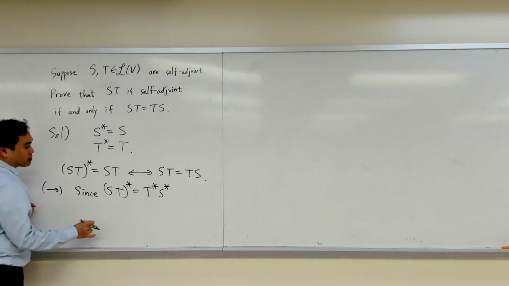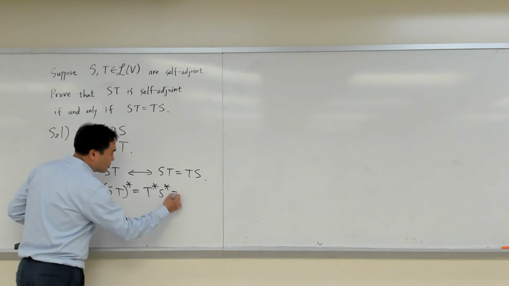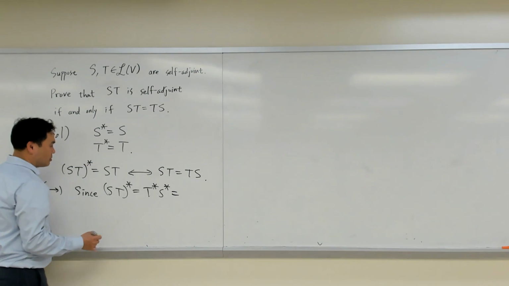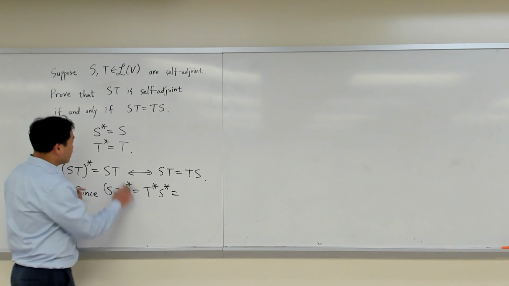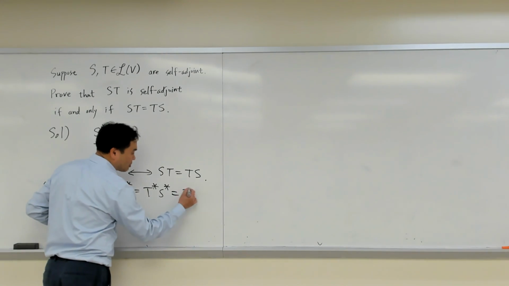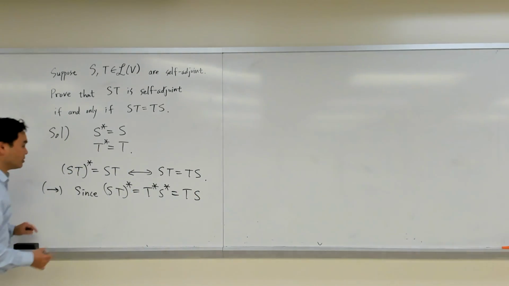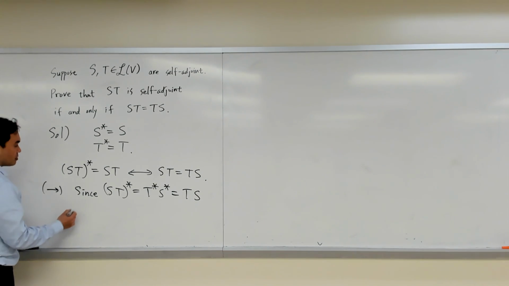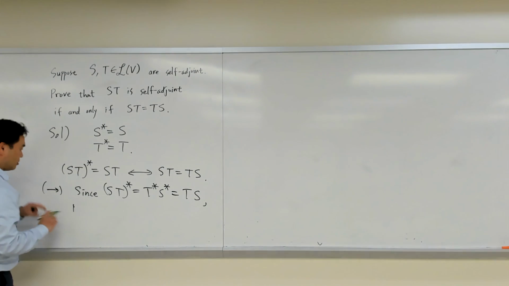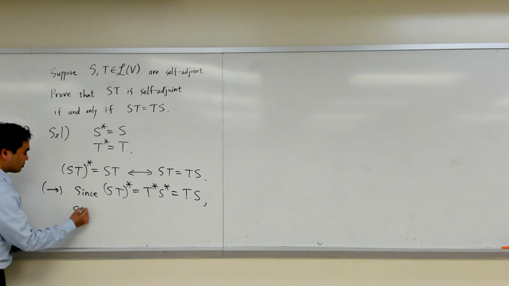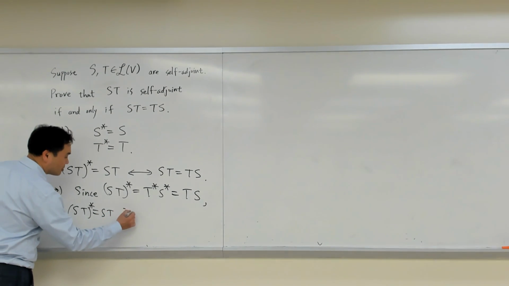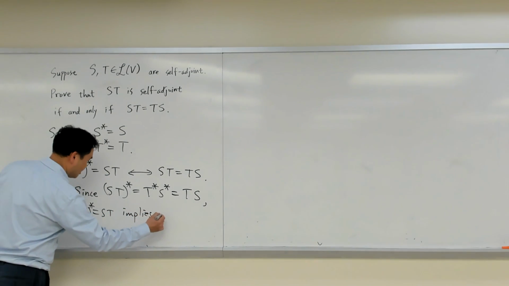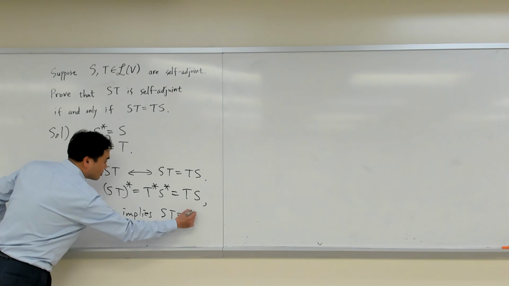And therefore, this is given for either case, right? So they're self-adjoint, so this is going to be TS. Having (ST)* equals ST implies ST equals TS.